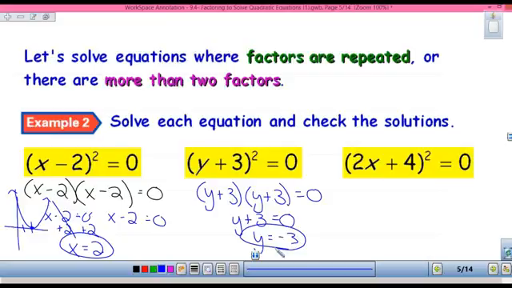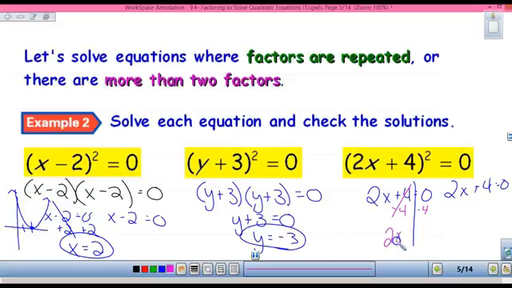We had a question about this one. We've got 2x plus 4 equals 0. Now it's just basic solving. What do I have to do first? Subtract 4. So I subtract 4 first.